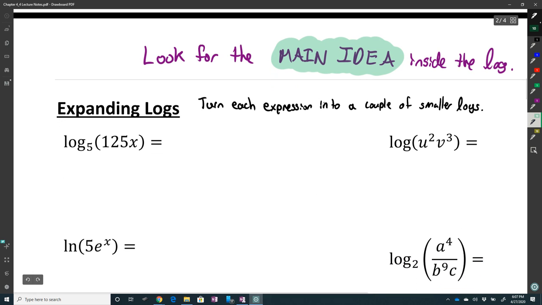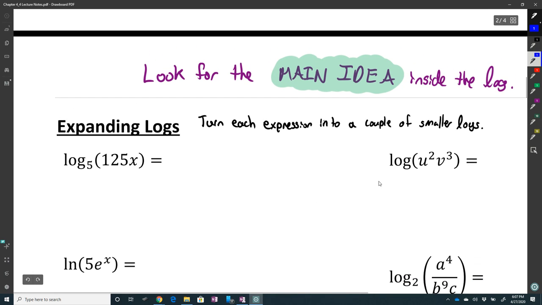Based on how it's written, that can be add, subtract, multiply, or divide, or exponents. So look for them. The main idea can be addition, subtraction, multiplication, division, or you can have an exponent. The main idea can be any one of these 5 things.